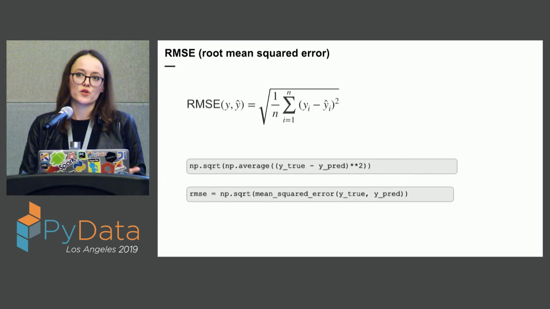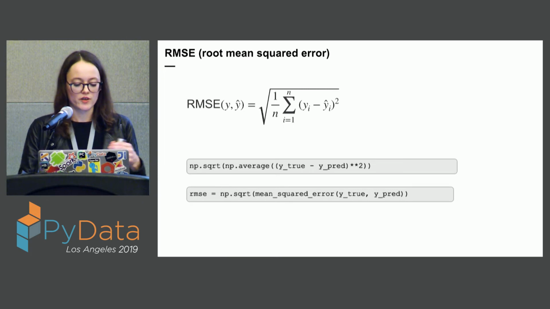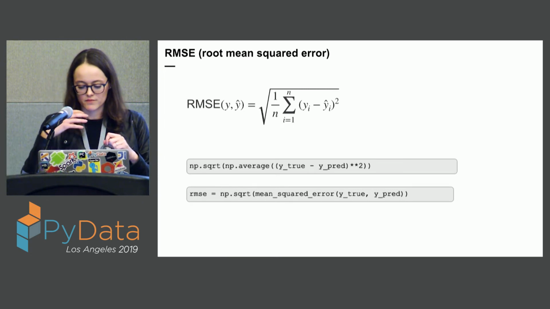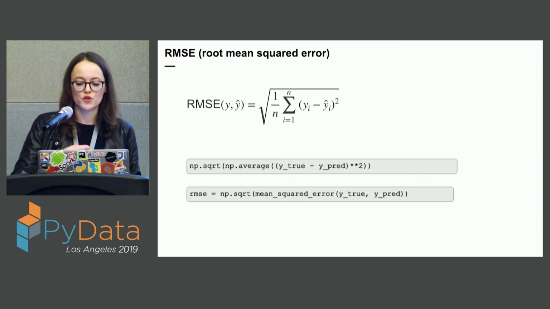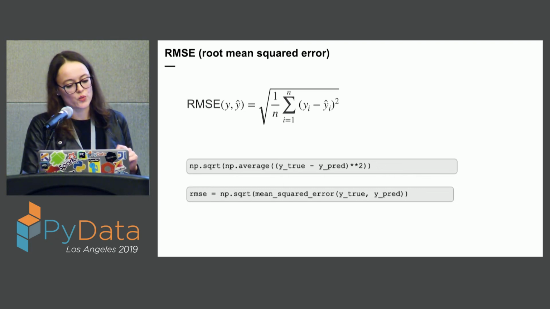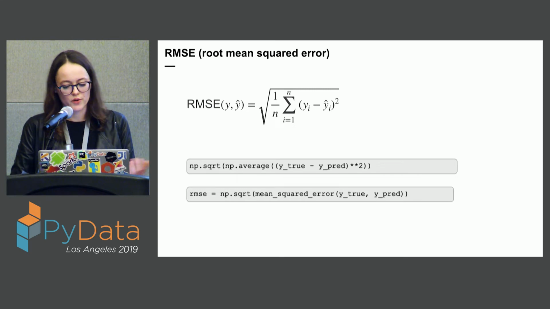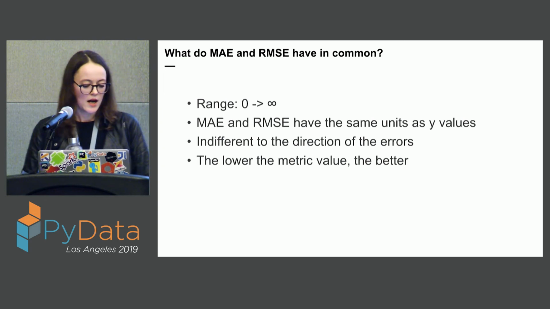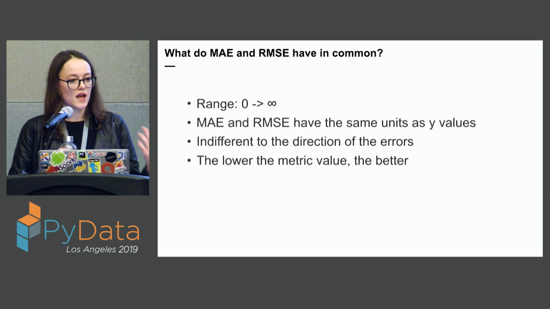This is one of the most commonly used metrics, but every now and then people are asking themselves, is it a good metric, or maybe we should use the absolute error, because we're squaring the error, so how adequate is that? And they do have a lot in common. They range from 0 to infinity. They have the same units as the y values, as the targets.